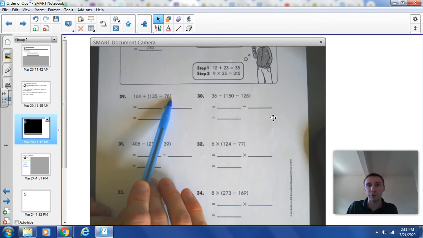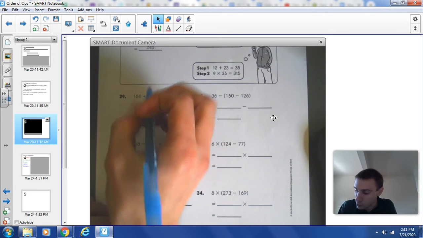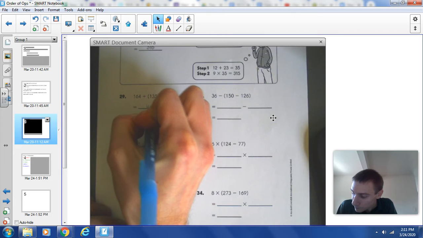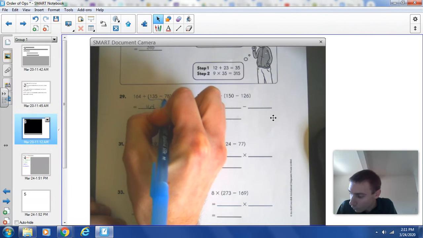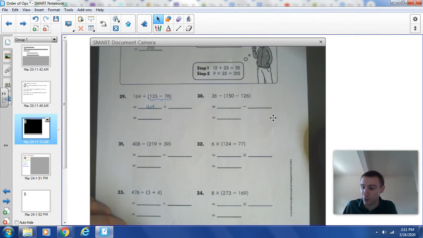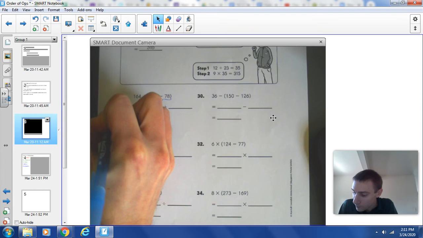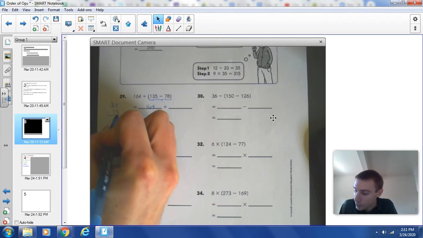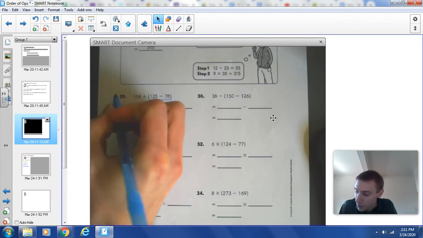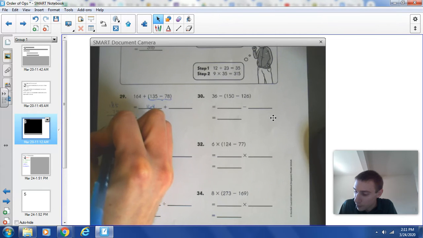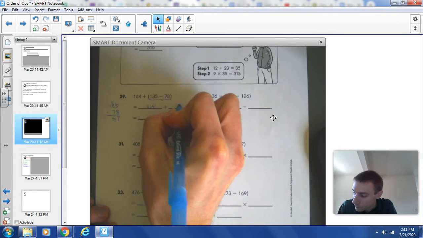So I'm going to keep this 164 the same, and I'm going to solve for what's inside my parentheses. I'm going to do 135 subtract 78, and I'll carry, and I'll have 7 ones, and I'll have 12 tens minus 7 is 57.